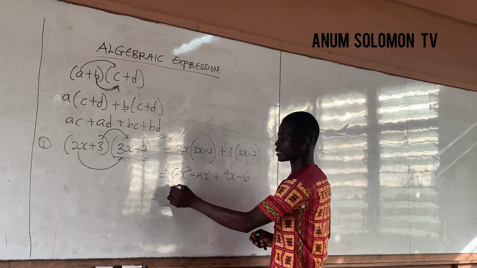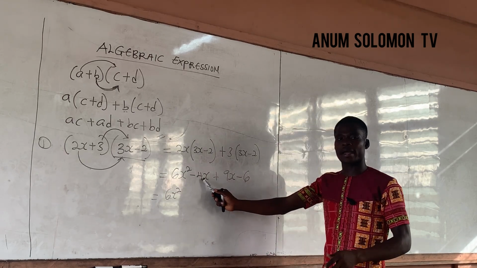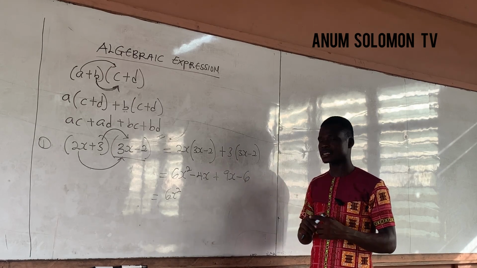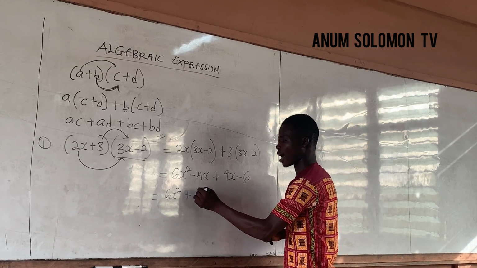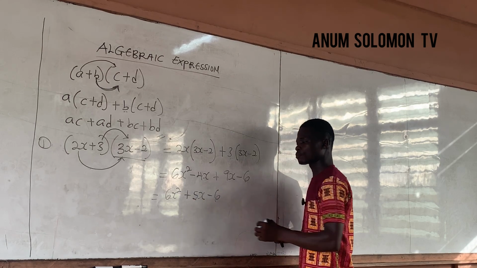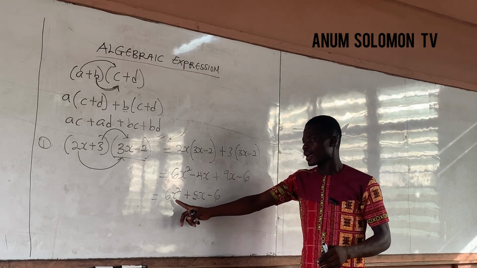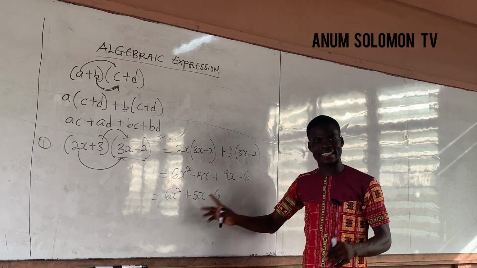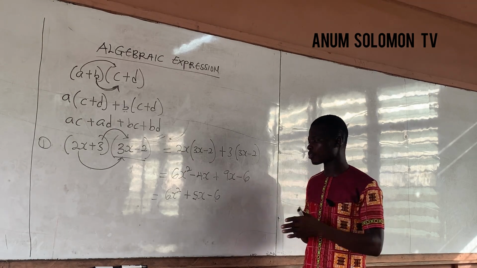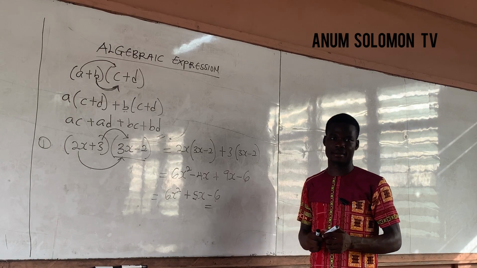We have our 6x squared, minus 4x plus 9x, which gives plus 5x, minus 6. On this note, we can see that here is x power 2 and here is x. They are not the same, so we cannot add or subtract them. We have to leave them like this because they are unlike terms.